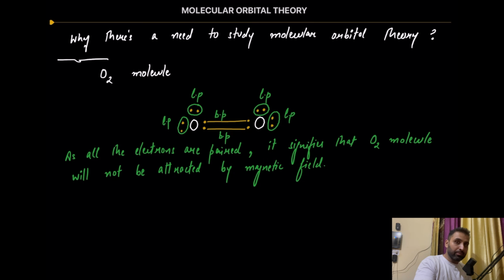Whenever any chemical compound is not attracted by a magnetic field, then those substances or molecules or compounds are referred to as diamagnetic substances. So O2 is expected to be a diamagnetic substance because it will not get attracted in a magnetic field, and that's according to the theoretical concept.